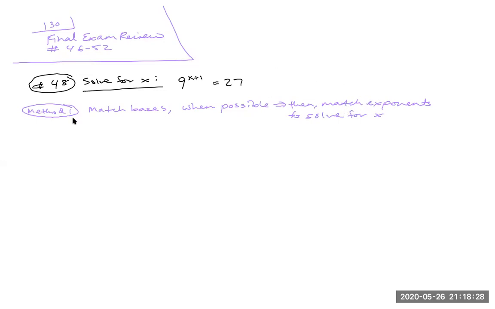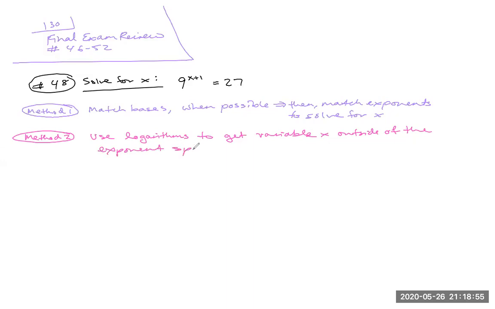Let's go ahead and just write in our second method. Method 2 is going to be to use logarithms to get variable x outside of the exponent spot. Okay, so then we'll solve for x.